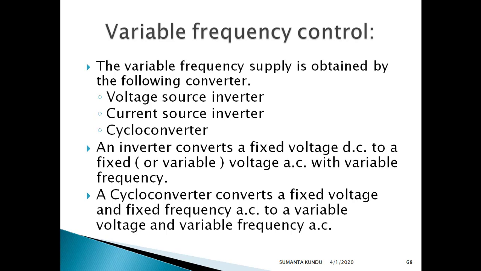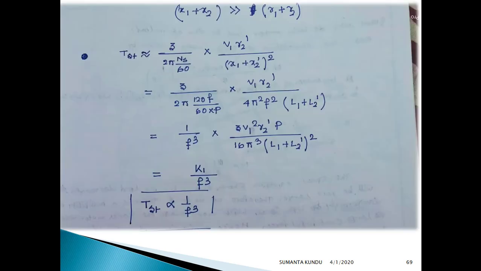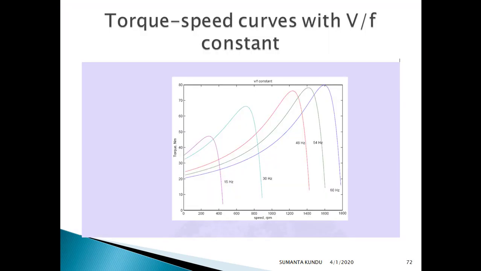And we have also mentioned that for this purpose we use VSI, voltage source inverter, CSI, current source inverter, and cycloconverter. And we have shown you this typical curve of how frequency changes the speed of the induction motor, and there we depicted that as the frequency is increasing, the speed is also increasing.